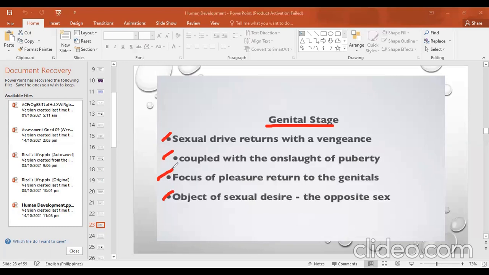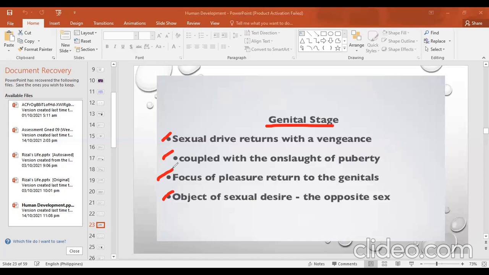Ayan. So, ano naman yung possible na mangyari kapag hindi naman natin ito na-achieve, no? Of course, yung adult fixation niya ay you are not mentally healthy. Ganyan. Andito yung tinatawag natin na confusion, no?